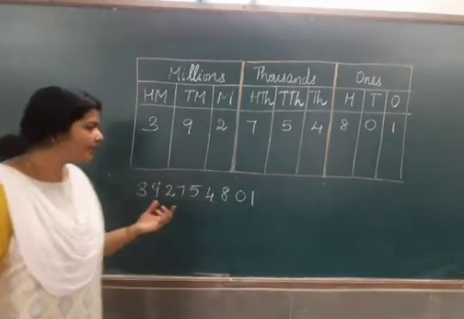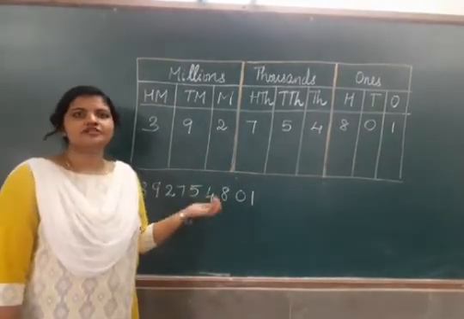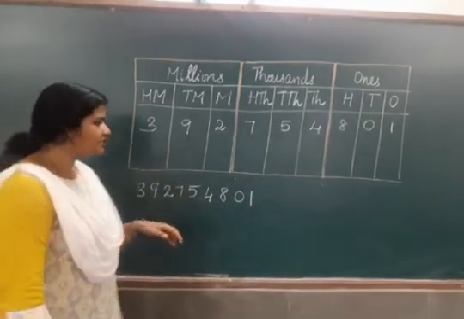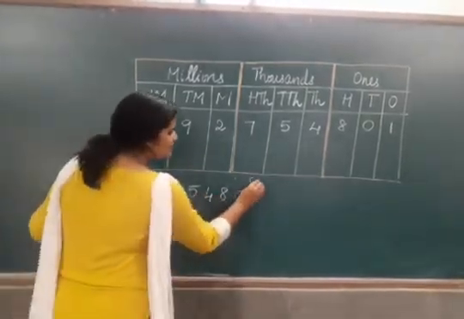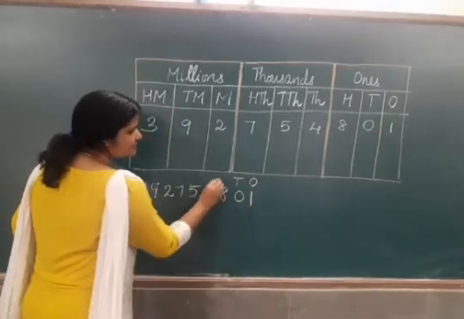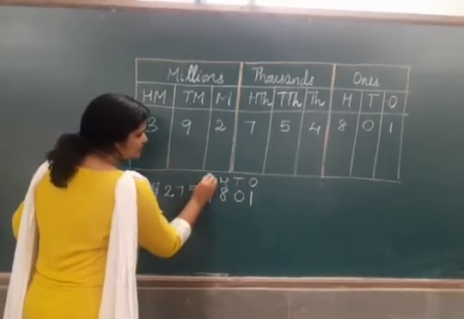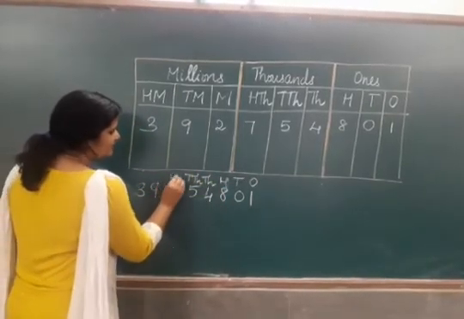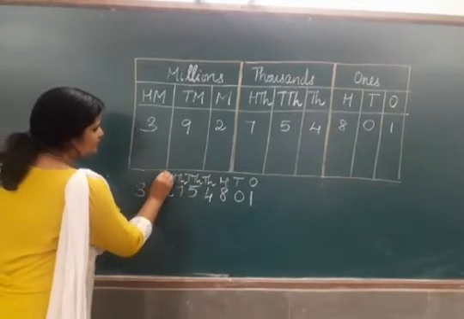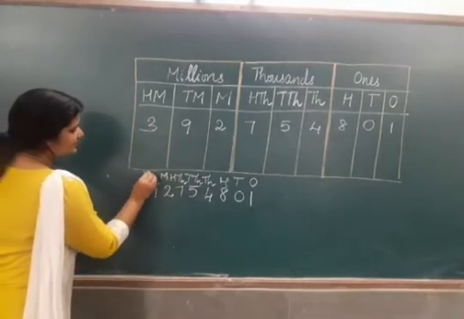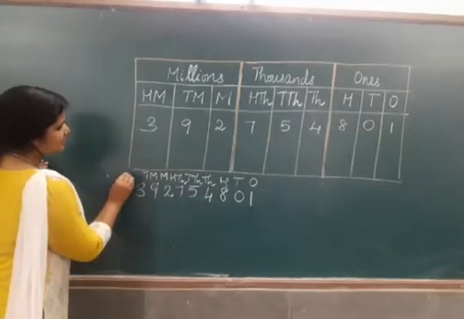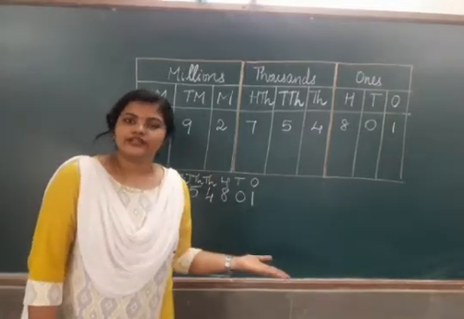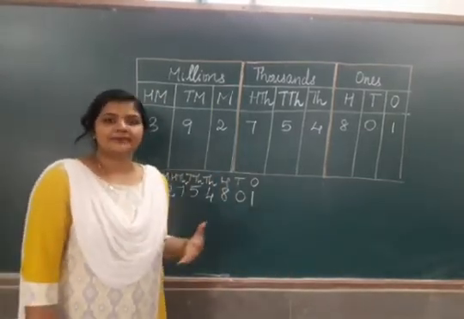Now let's see how we can read this number using commas. For that, first we have to write the places above the digits. So this is the ones place, this is the tens place, this is hundreds, this is thousands, this is 10,000s, this is 100,000s, 2 is in the millions place, 9 in the 10 millions place and 3 in the 100 millions place. As I have already told, commas are used to separate periods.